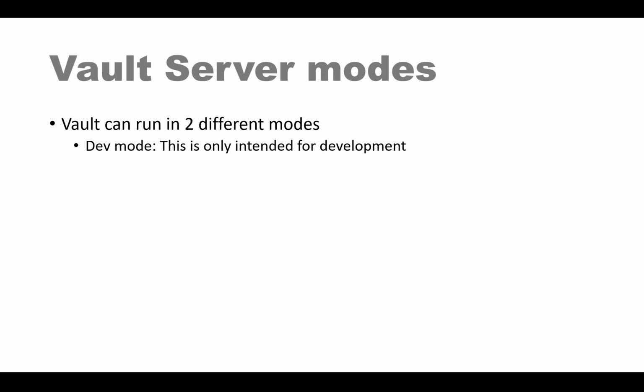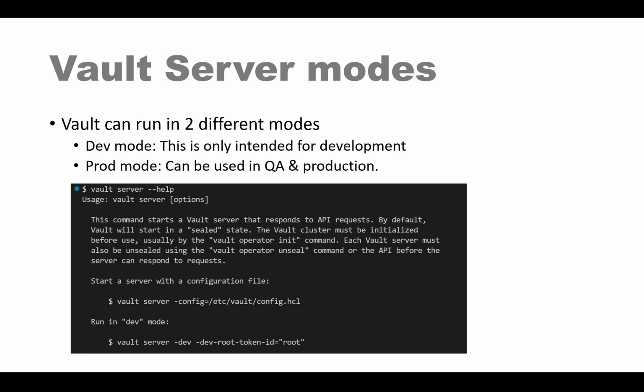To reiterate for those who have not gone through my previous tutorial about the Vault introduction, Vault can run in two different modes. One is called dev mode, which is only intended for development purposes, as the name says, and the other is production mode, which can be used in QA and production. When you use vault server help, you will be able to see some details on how it works.